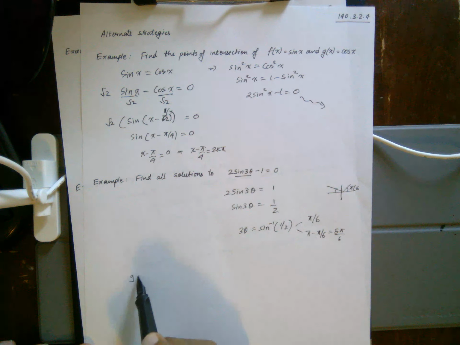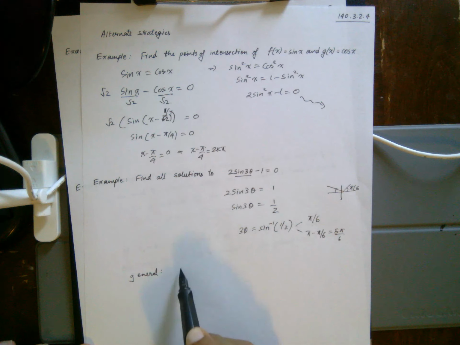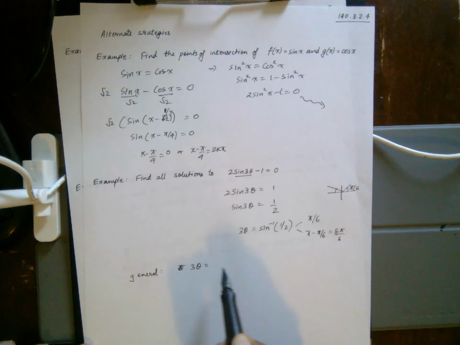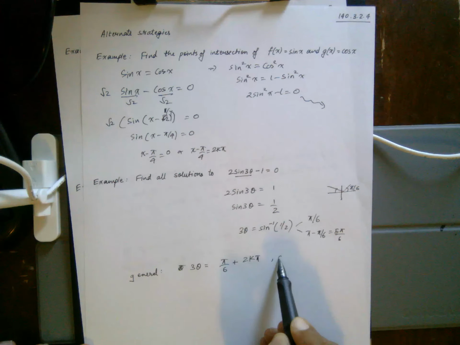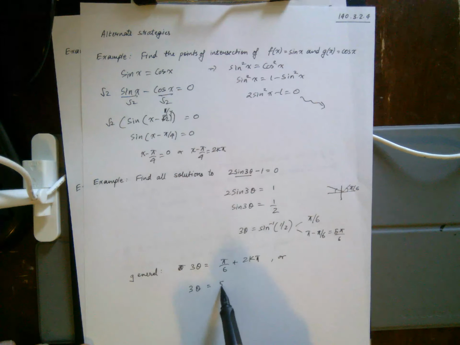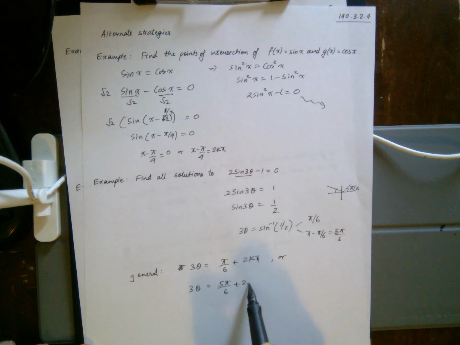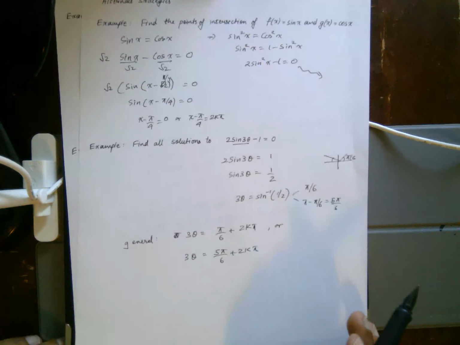So the general solution would be that 3 theta equals pi over 6 plus 2k pi, or 3 theta equals 5 pi over 6 plus 2k pi. But what you're trying to find is theta.